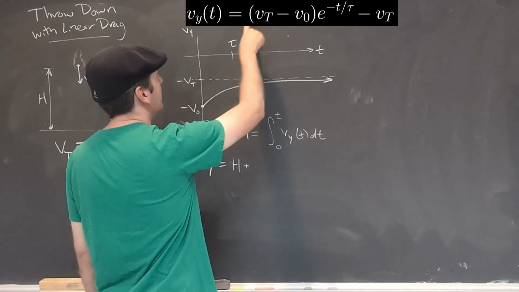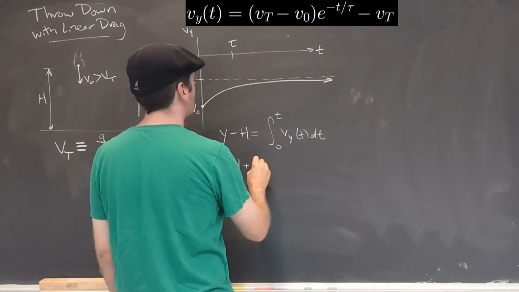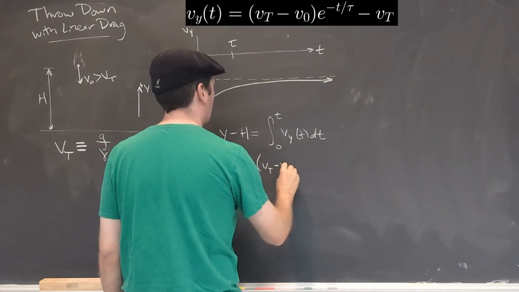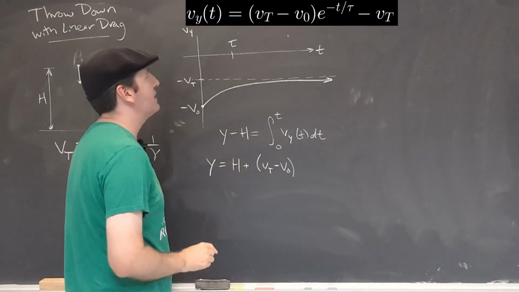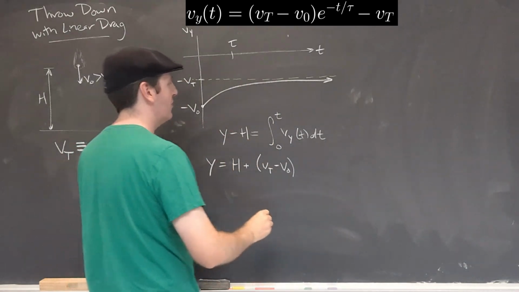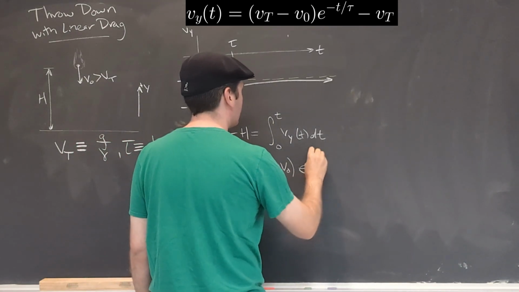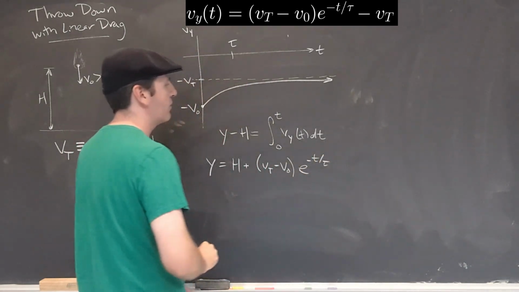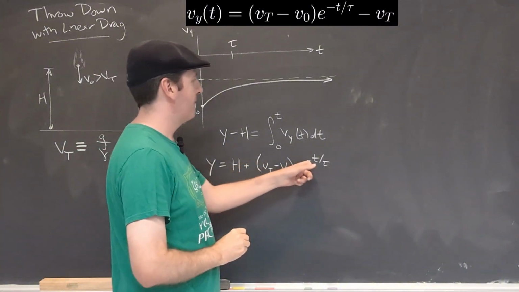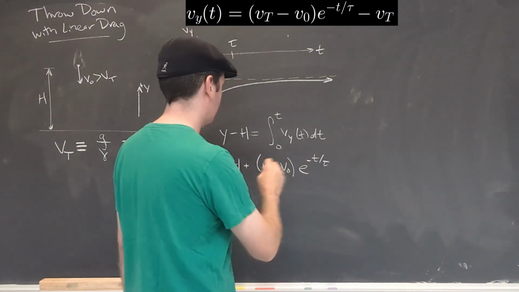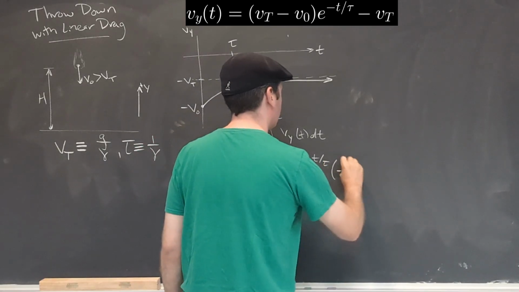And then my integral here, well, the first term is going to have this constant factor out front. The antiderivative of e to the minus t over tau is going to be e to the minus t over tau. And then don't forget, we're going to multiply that by negative tau. I'll tack that on the end here.